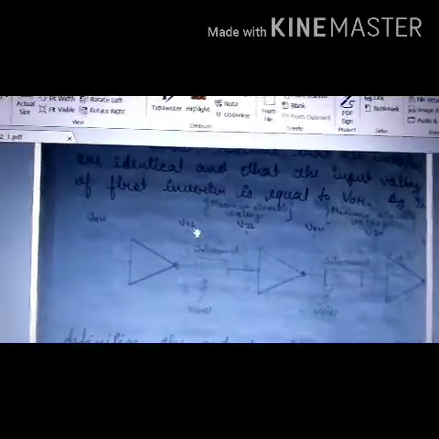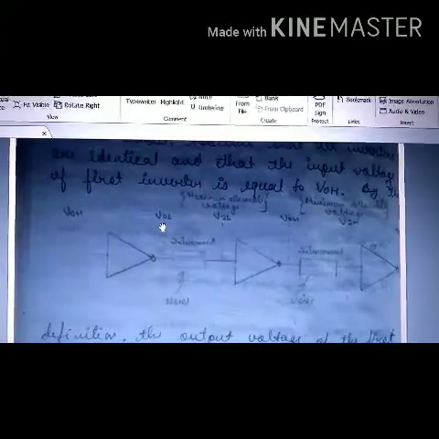So if the input voltage of the second inverter is smaller than VOL or even equal to it, this signal will be interpreted correctly as logic 0 by the second inverter.